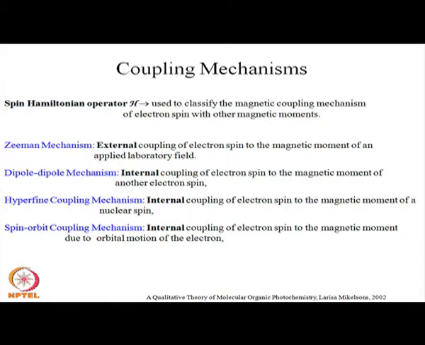That gives rise to an energy term which is called the spin orbit coupling mechanism. Okay. So, these are the various coupling mechanisms which are responsible for various types of things that are happening in spin chemistry.